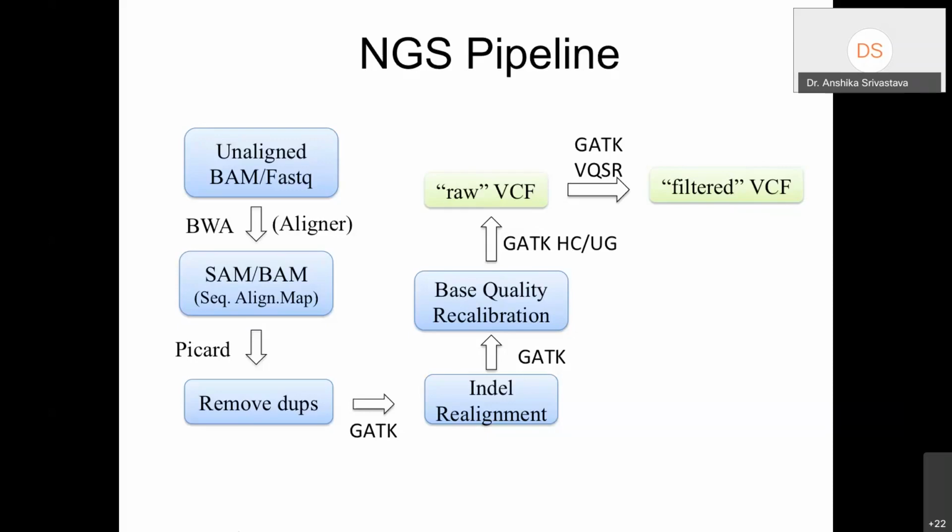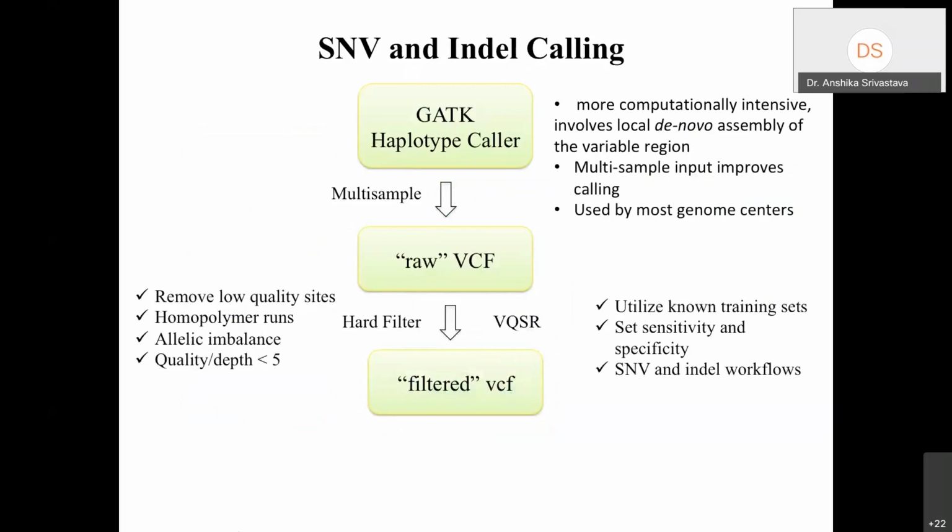And from here, the actual genetic processing and actual work starts. Because from this raw VCF, you have to come to a VCF with just say 4 to 5 variants, or maximum 10 variants.